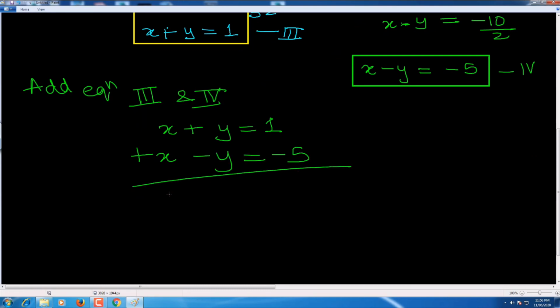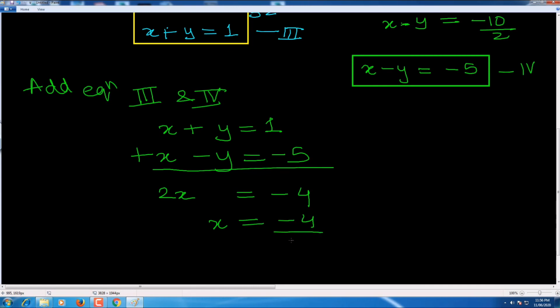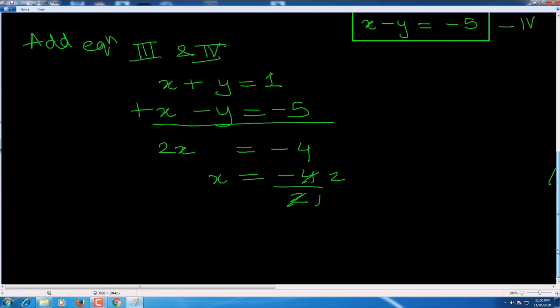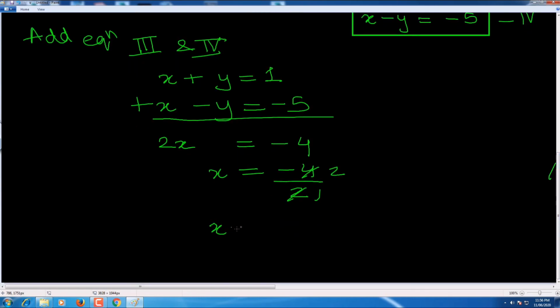I hope this is clear till here. Now 2x, x plus x is 2x, y will get eliminated, and 1 minus 5 is minus 4. x = -4 upon 2, so the 2 goes to that side, and 2 twos are 4, so minus 2. We got the x value as minus 2.